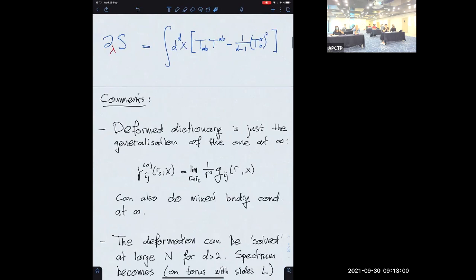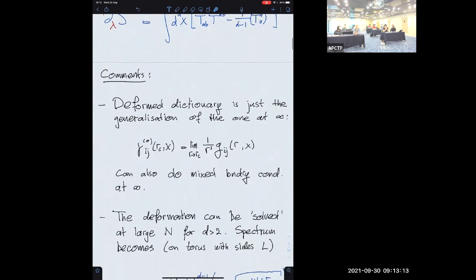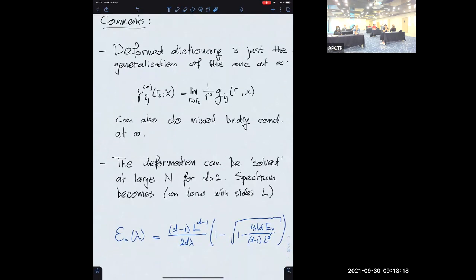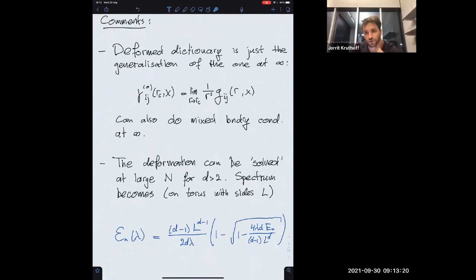Sorry, could you clarify the sign of the lambda? Can you remind me of a good sign or bad sign, depending on positive or negative lambda? So here I'm taking lambda to be positive.